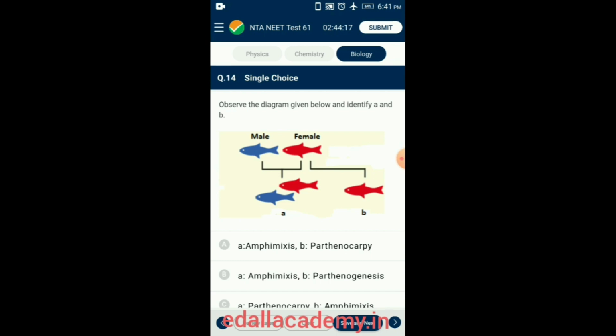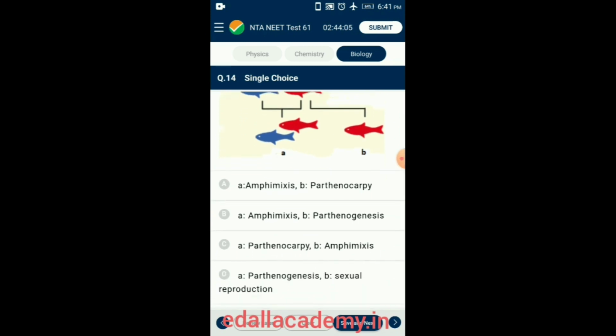Parthenogenesis is the production of offspring from unfertilized eggs, and it is commonly observed among invertebrates. So the answer for this question is option B. A is amphimixis, B is parthenogenesis.